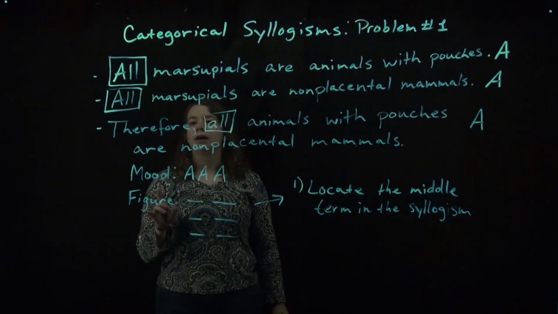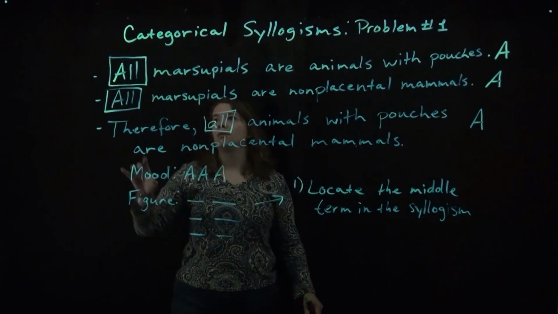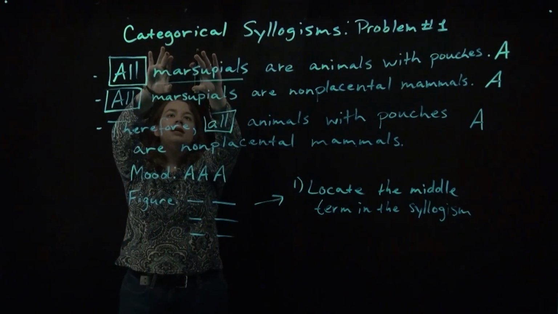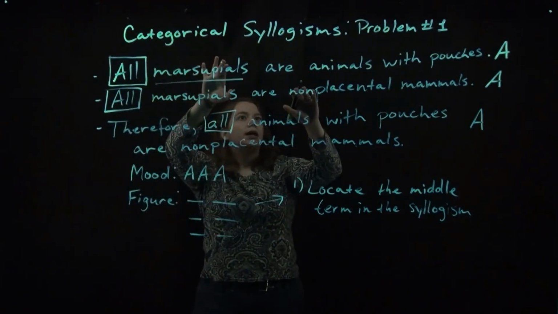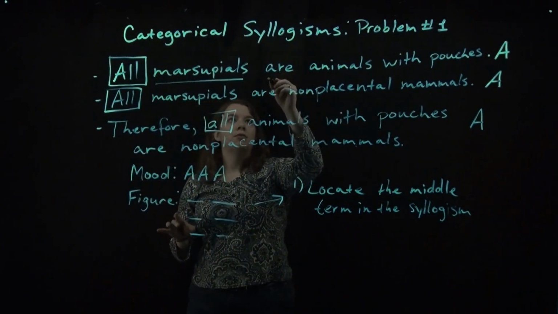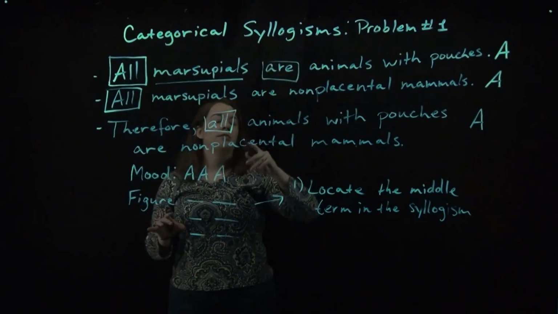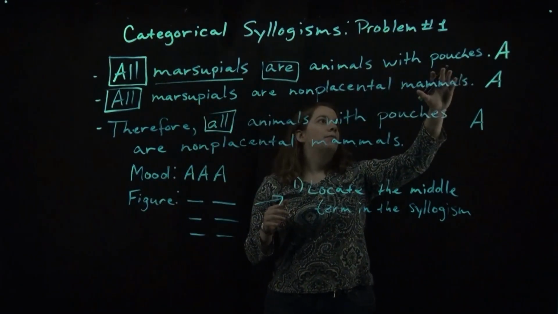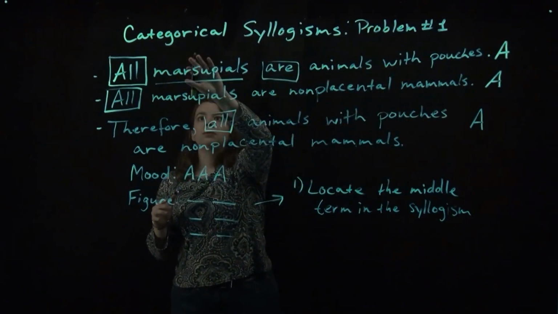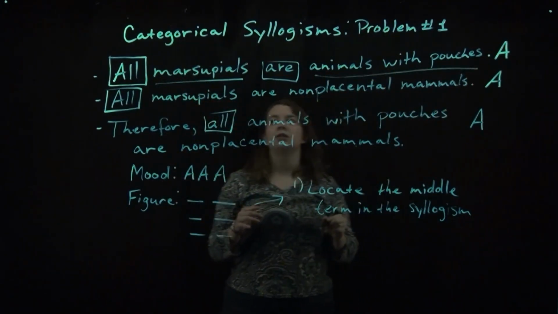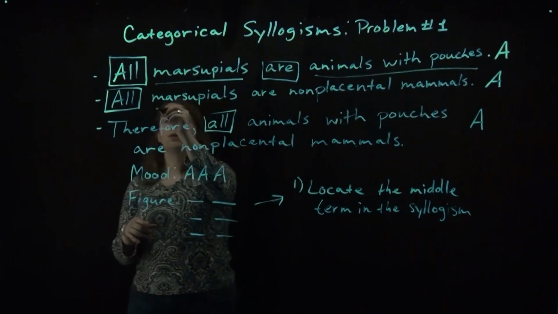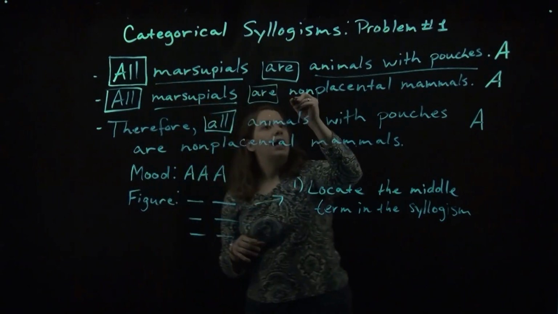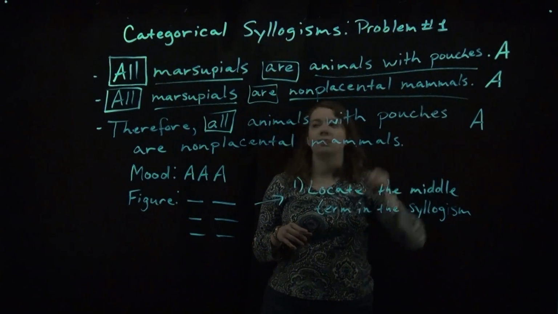So we can see here that we have this term, marsupials, which is found in premise 1. And remember that anything that follows the copula, or the form of the verb to be, will be the other term here. So we have marsupials here, and we have another term, animals with pouches. In the second premise, once again we see marsupials, and then there's our copula, are, and then here is our second term, non-placental mammals.